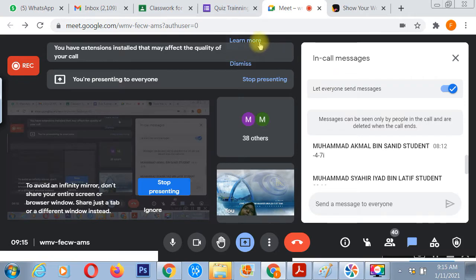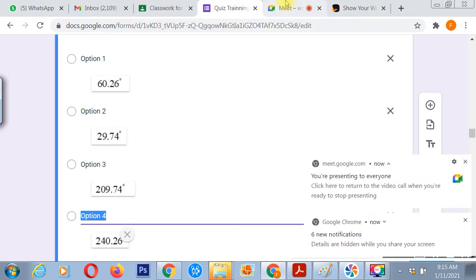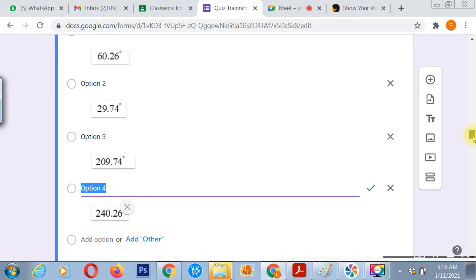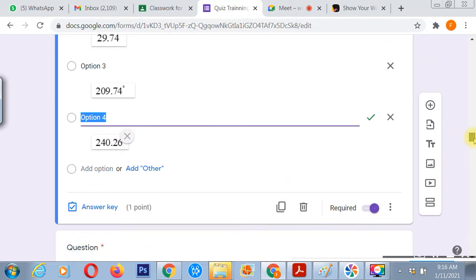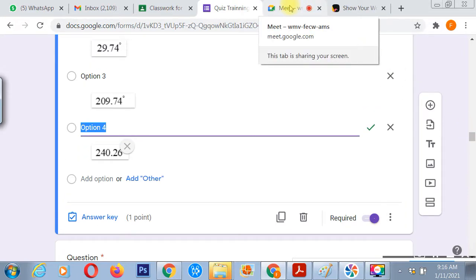Yes, madam. So my mistake is I don't find the quadrant. I answered 50.26 because it showed that.